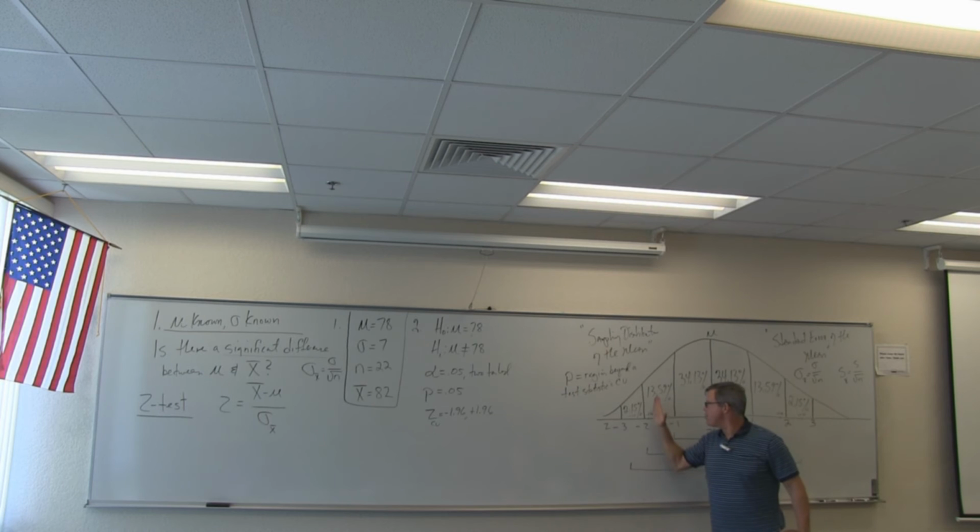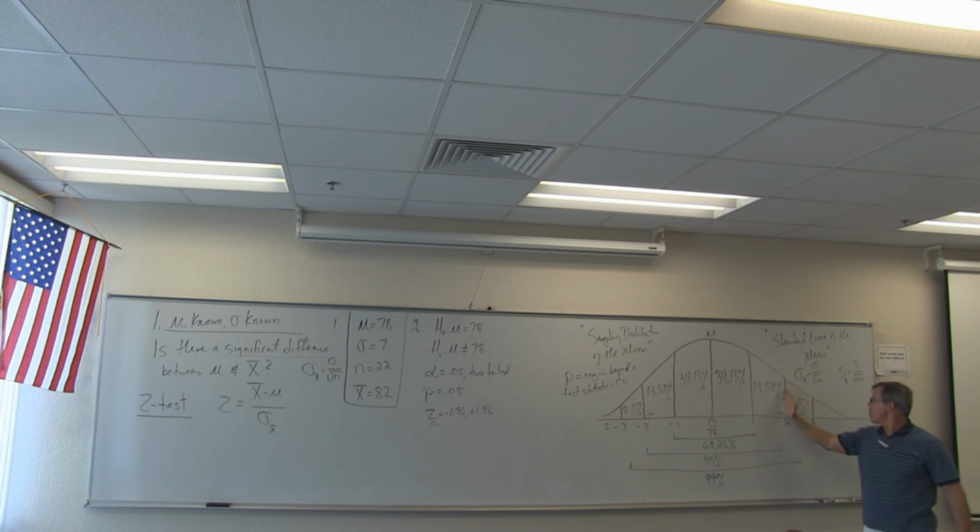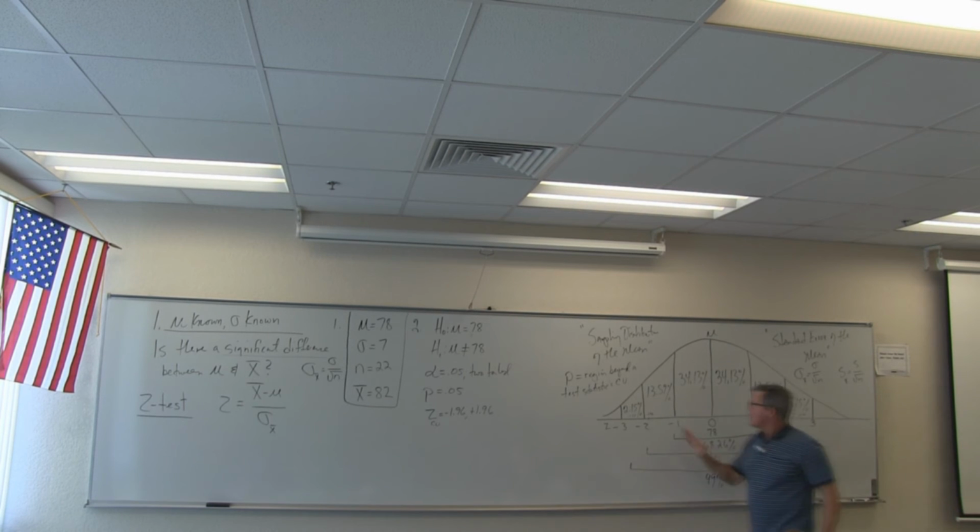This means that we have 2.5% area from here back. This is a symmetrical distribution, so what happens on this side also happens on this side. So we have 95% area from here to here, right?